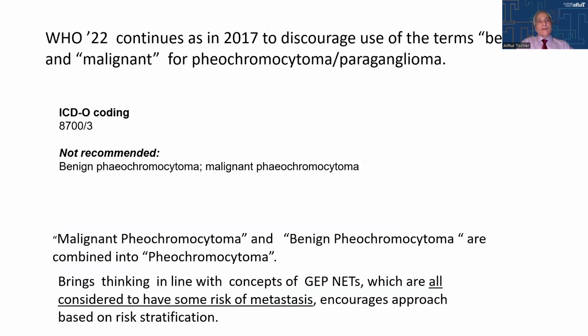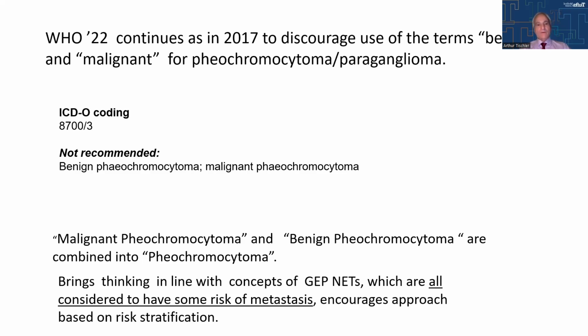WHO 2022 continues, as in 2017, the last series of Blue Books, to discourage the use of the terms benign and malignant for pheochromocytoma and paraganglioma. Sympathetic paragangliomas and pheochromocytomas are all coded as malignant. The terms benign pheochromocytoma and malignant pheochromocytoma are not recommended.